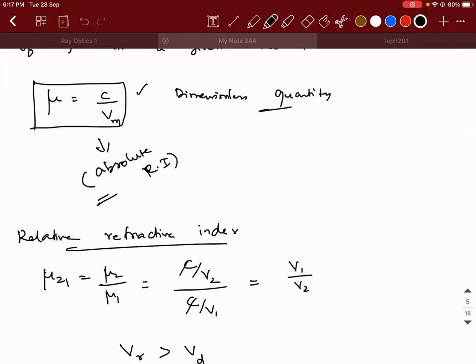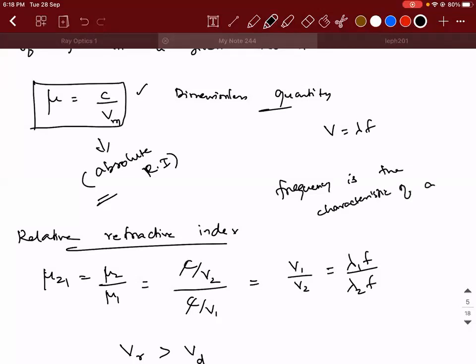See, we know that V is equal to lambda into F. Correct? So can I write this as lambda 1 into F divided by lambda 2 into F? If you observe, I didn't write it as F1 and F2 because the frequency of the wave in both the medium will be the same. I reiterate, frequency of a light traveling in two different medium will be the same because frequency is the characteristic of a source.